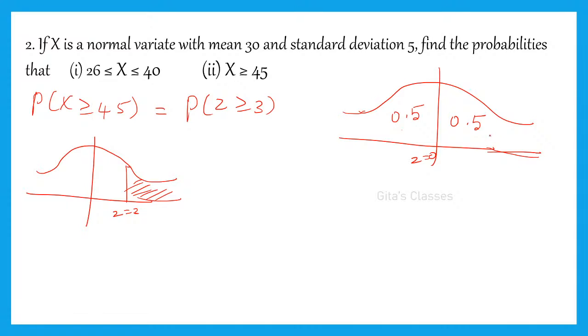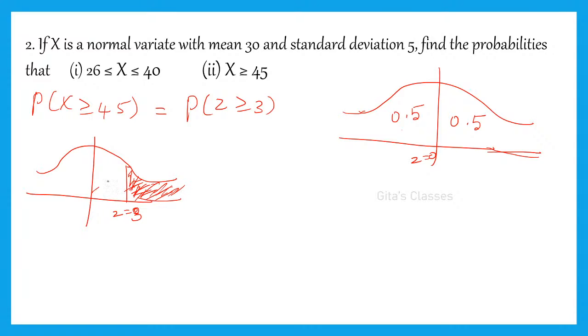Z is equal to 3 is correct, all of you. Now, this is 0.5. I want this area, but I cannot find it directly.